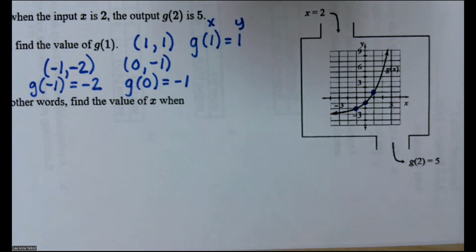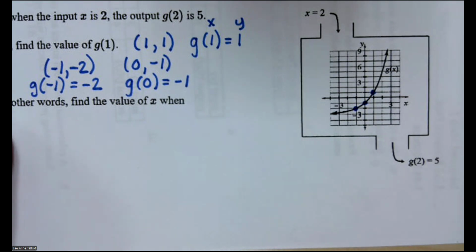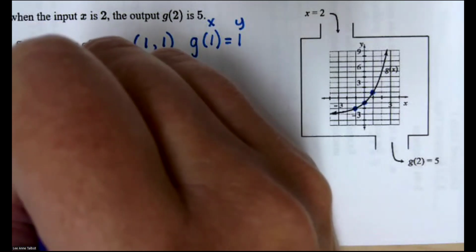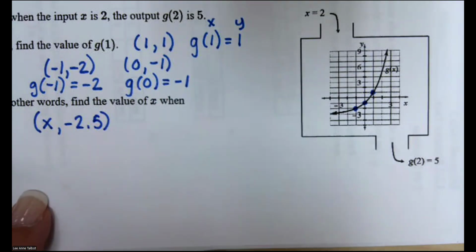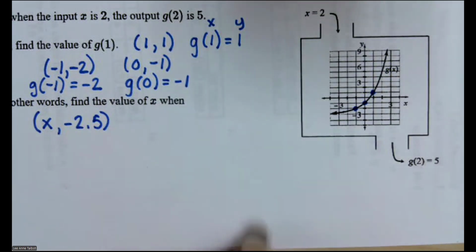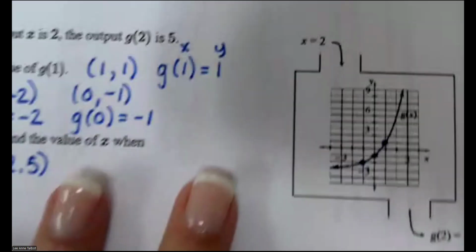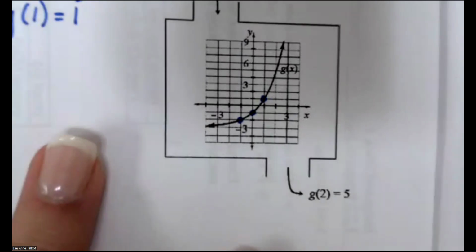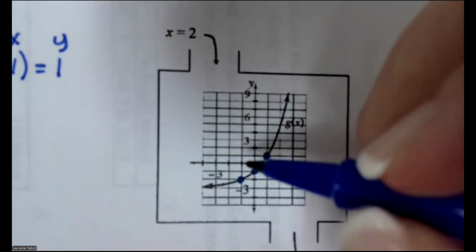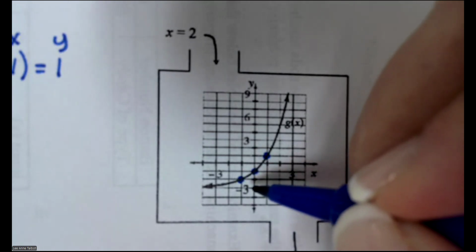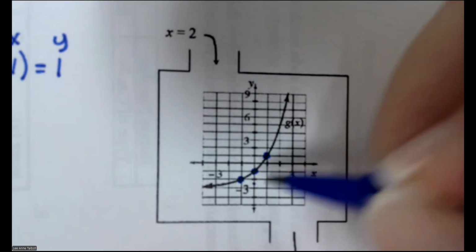Okay, last part, C. What is the input of this function when the output is negative 2.5? Okay, so what this is saying is, what is x when y is negative 2.5? It's going to be really hard to tell. Zoom in really far. Okay, so negative 1, negative 2, negative 2.5 is like right there.